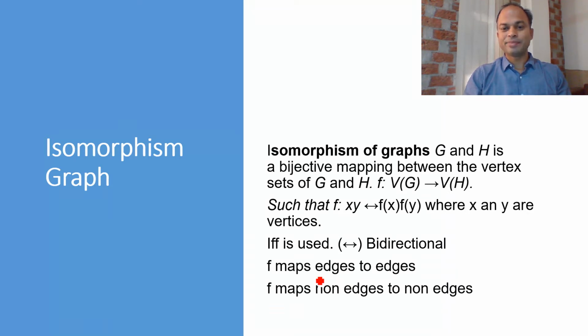I mean, we have a bidirectional mapping. Bidirectional mapping means f maps edges to edges and f maps non-edges to non-edges.